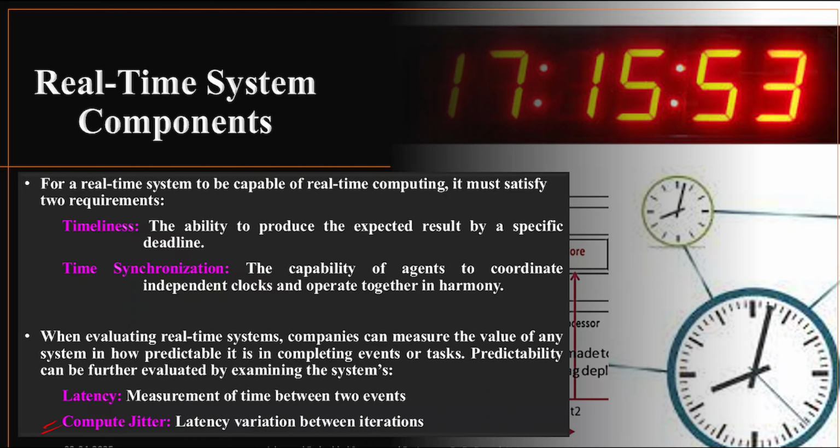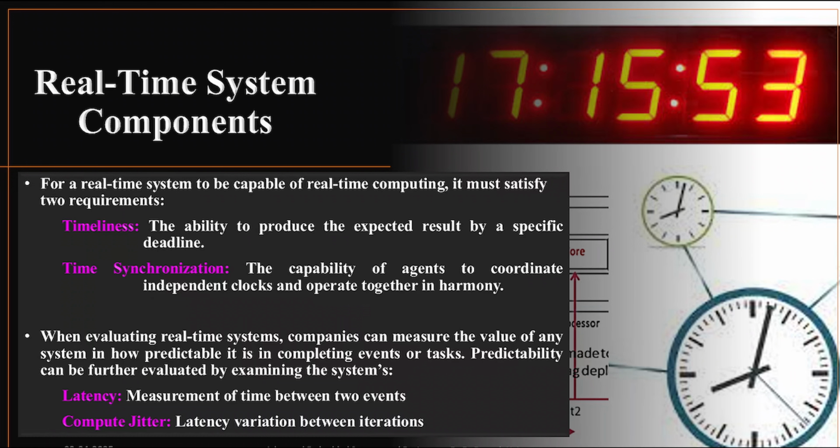Then the second parameter is the jitter. That means how much latency is there between iterations. First assume a task took 2 milliseconds to complete its job. In the second iteration, suppose it takes 2.5 milliseconds or 3 milliseconds.